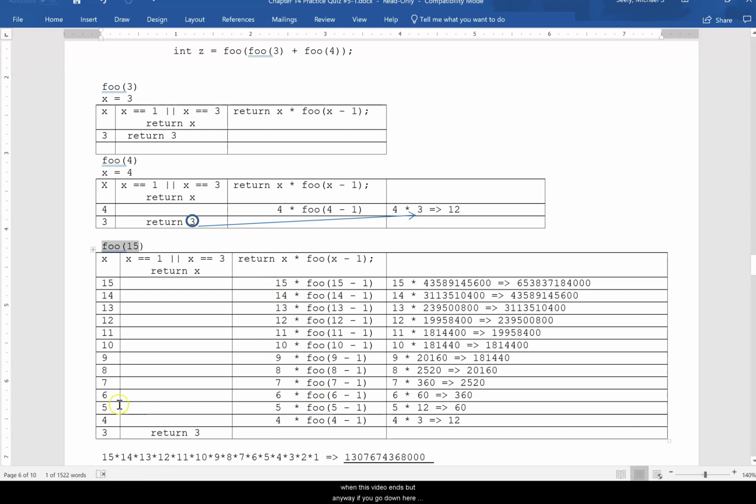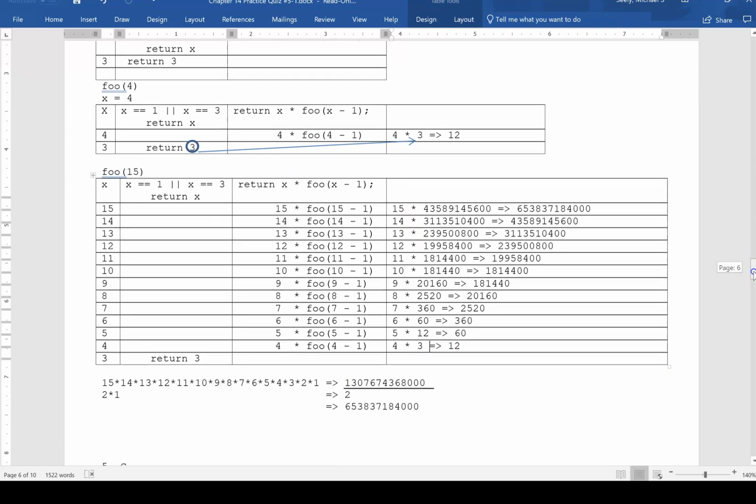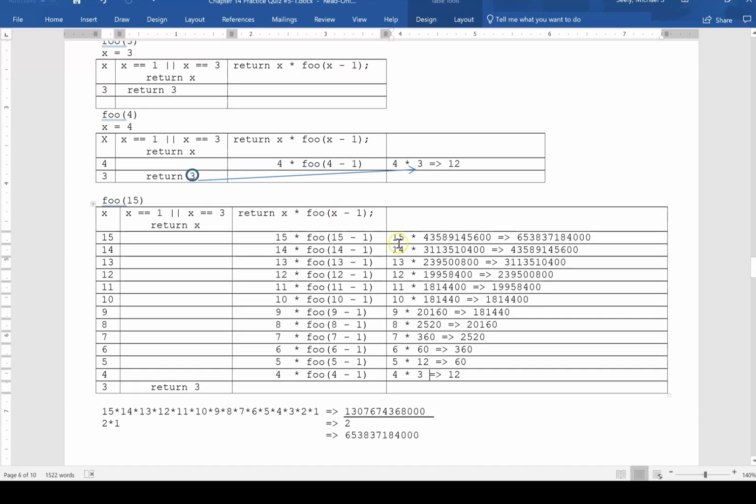But anyway, if you go down here, you get your return 3 and you pass it in, 4 times 3, then you get, basically, there's an exclamation point at the end, like 15 times 14 times 13 times 12, 11, 10, 9, 8, 7, 6, 5, 4, 3, 2, 1.